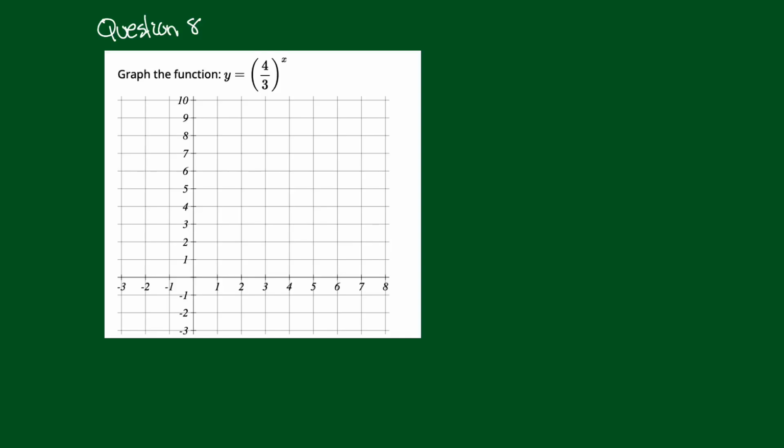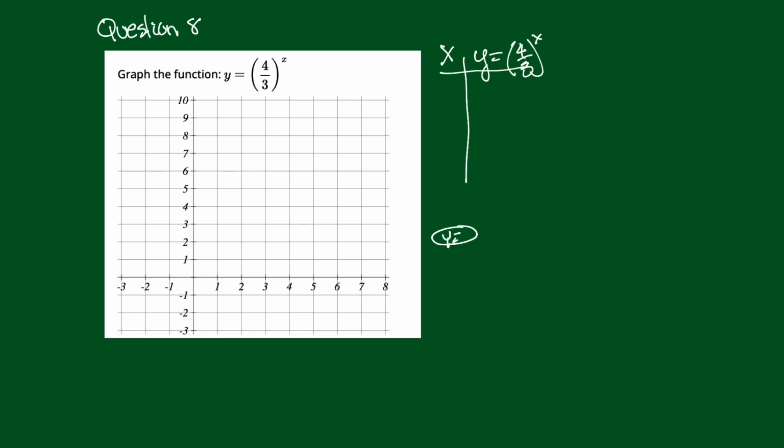What we want to do here in question 8 is to graph this function. Here's a nice way to do this. If you want to do this by hand, I'm going to set up a table, x and y equals (4/3)^x. On your calculator, at the very top left, there's a key that says y equals.